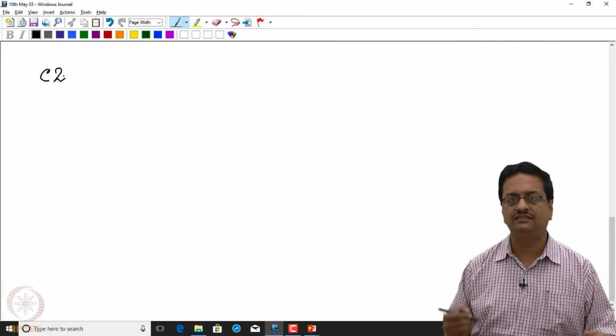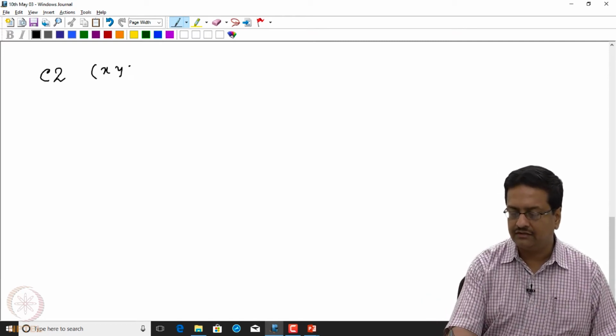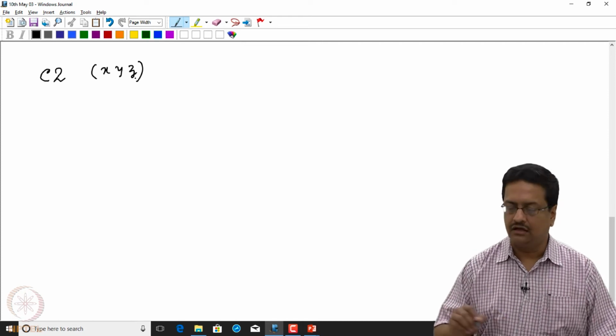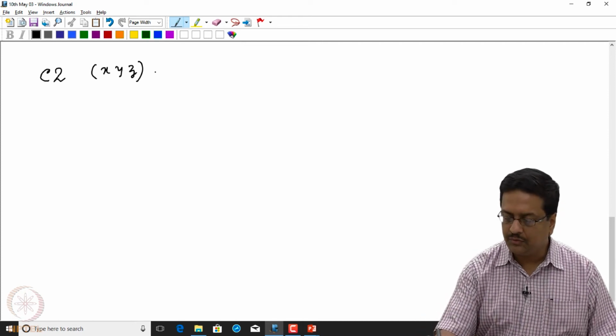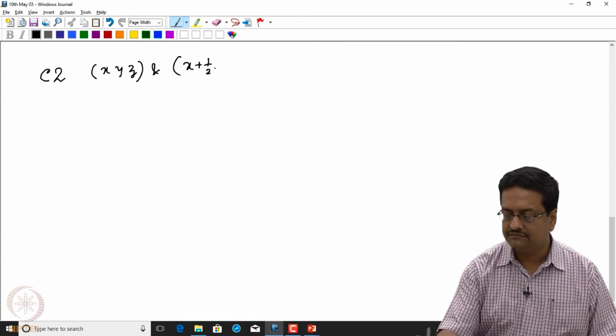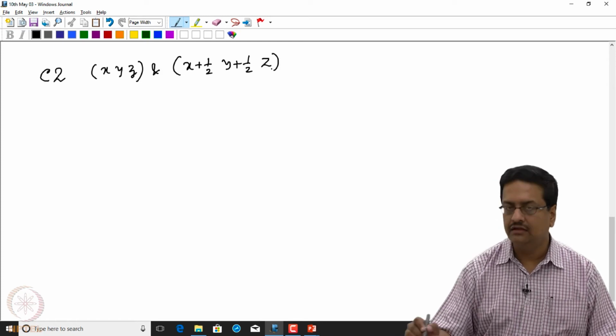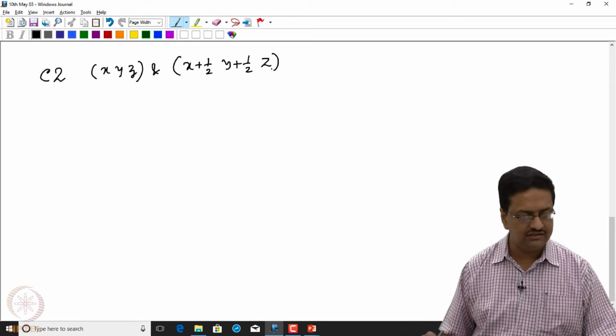As soon as we say C, immediately if I have a point at x, y, z, I should also get a point at x plus half, y plus half, z, as it is a C-centered lattice.